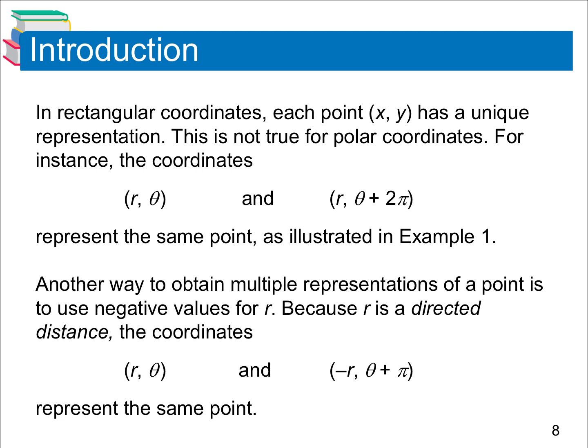So on our next slide, it actually talks about rules on how we can mathematically come up with other points that are the same as the first point we have. So if we had (r, theta), if we keep r the same, like in that last example where r was 3, you can just keep adding 2 pi to your theta to get the same point.